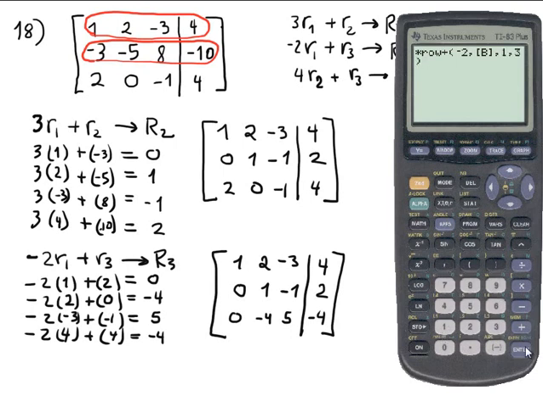And this is the answer: 0, negative 4, 5, and negative 4. Perfect. Okay, and you store it in matrix C for the last step.